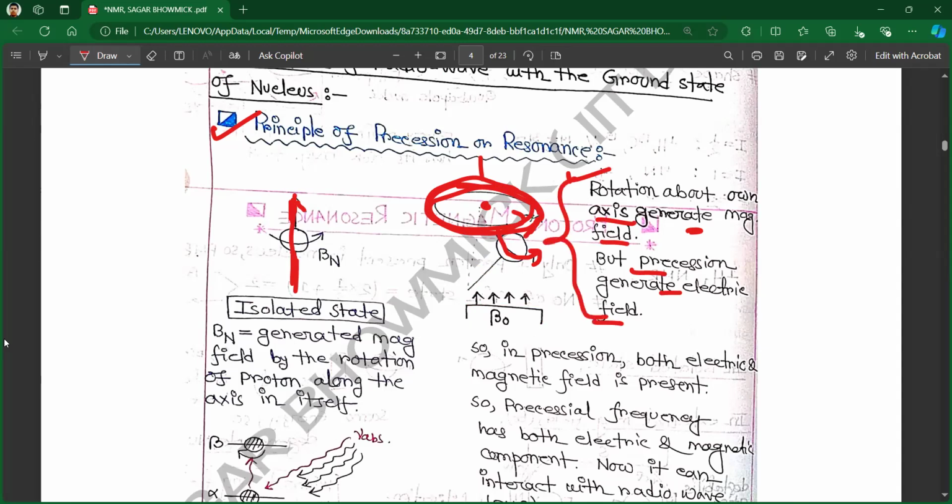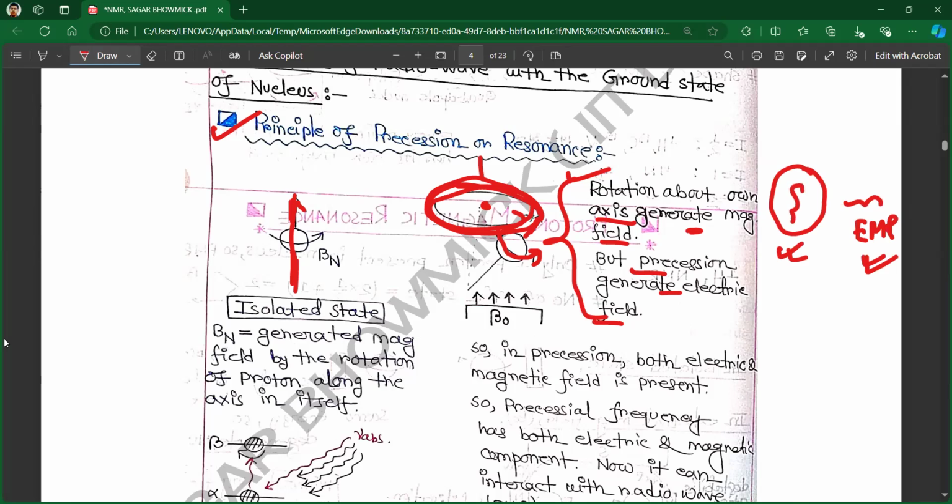Now this is a very fundamental and very deep thing actually. Why? Because if my system is going to interact with electromagnetic radiation, then the properties of my system have to match the properties of the electromagnetic radiation. We know in electromagnetic radiation there is an electric field and a magnetic field.